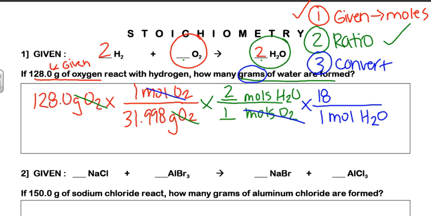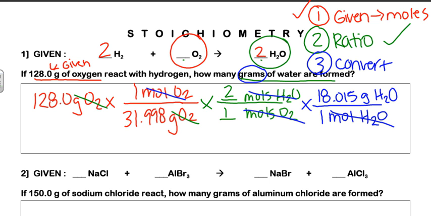So it should be 18.015. Remember, it's H2O, so I had to add 2 hydrogens and 1 oxygen to get the molar mass of water. Okay, so moles of water will cancel, and I'll end up with grams of water, which is going to solve my problem for me.